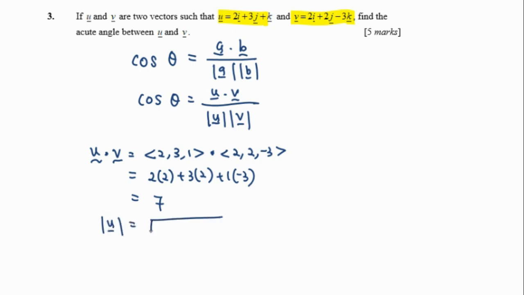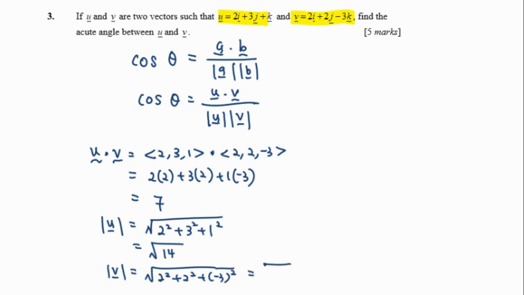Using the formula of magnitude, we square root: x here is 2, then 3 squared, and z is 1. Here we will get square root of 14, and the magnitude of v will be square root of 2 squared, 2 squared, and negative 3 squared. So this will give us square root of 17.